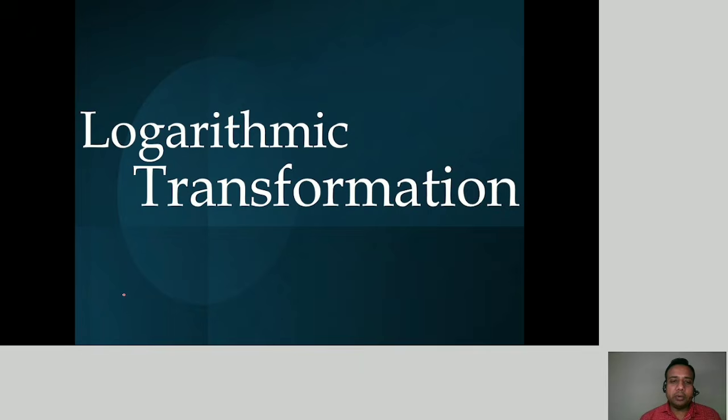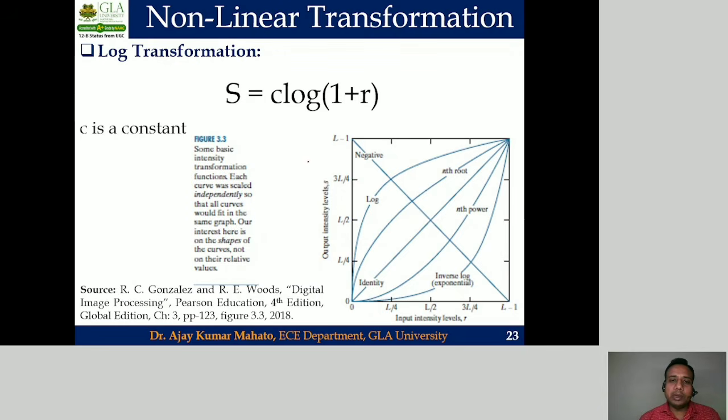The mathematical equation of logarithmic transformation is s equals c log(1 + r), and in the book the logarithmic transformation curve is represented by this nonlinear characteristic, which we have plotted just now.